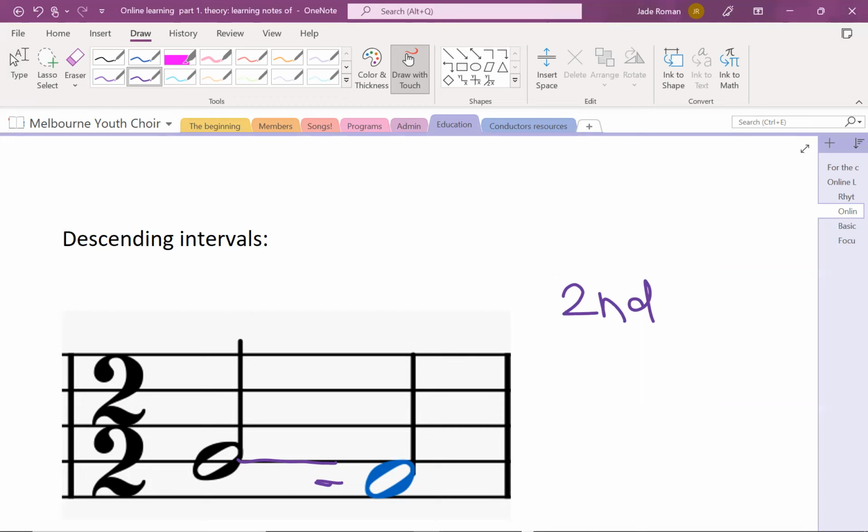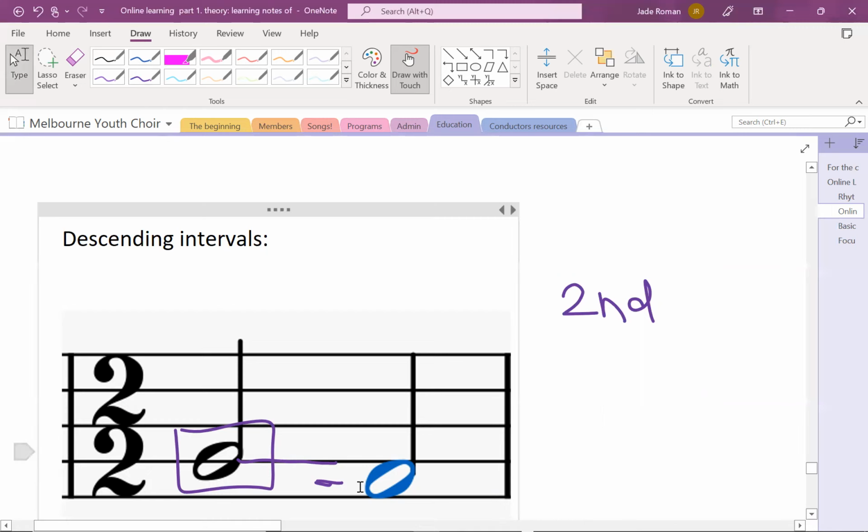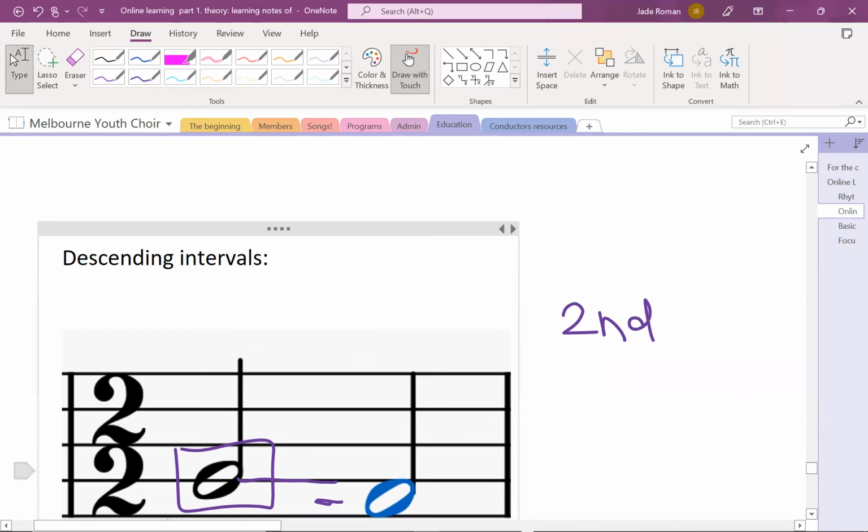It's much higher, but it just helps if you keep in mind this is our first note, this is like the basis. 3, 2, 1, that always helps me. Okay, so this is a second and that's how it will sound like.